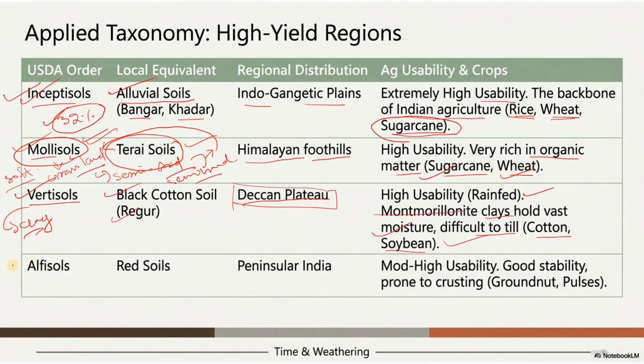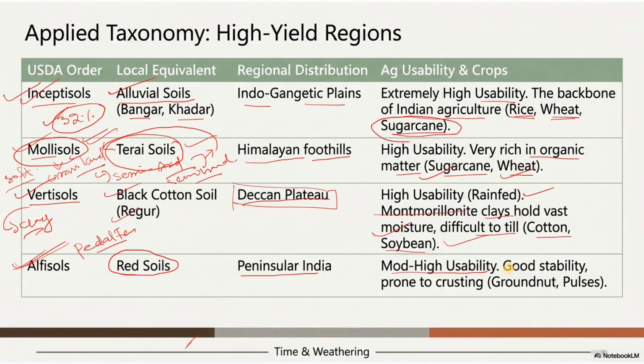Then comes the Alfisol. Now we are talking about the Alfisol. Alf is nothing but came from the word pedalfer. This is also known as red soil in India. This is found in peninsular India.